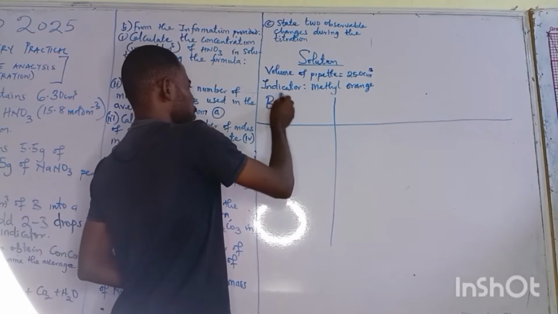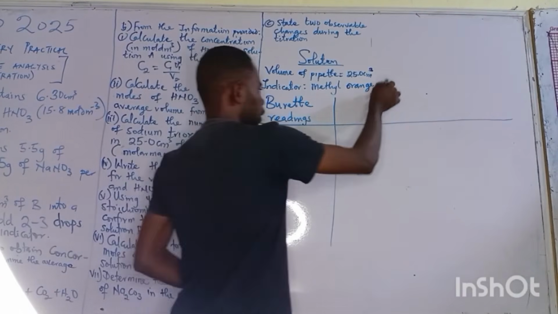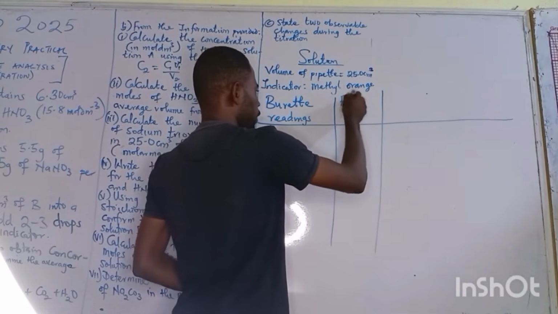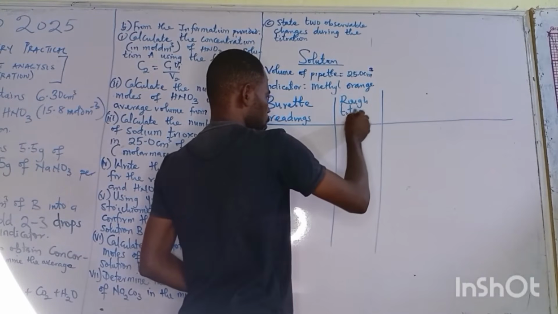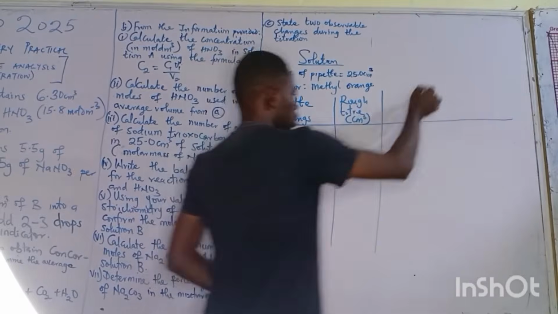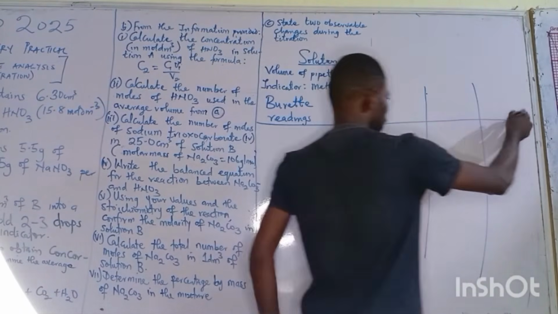So, I have my direct readings, and I will have my rough titre. You must put units. All this matters. I want to use three values.